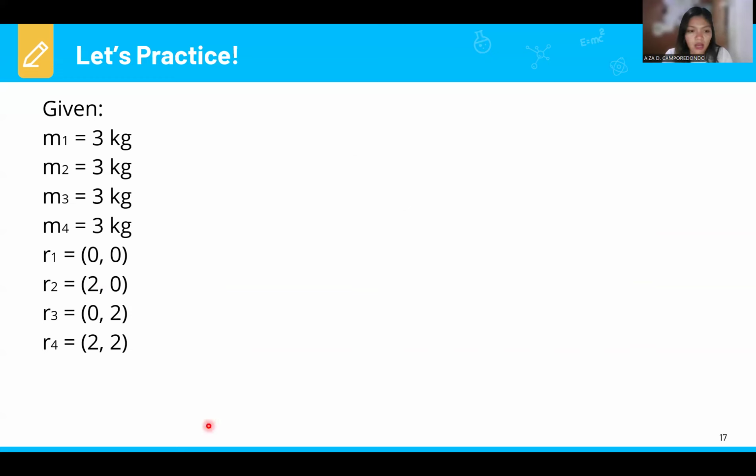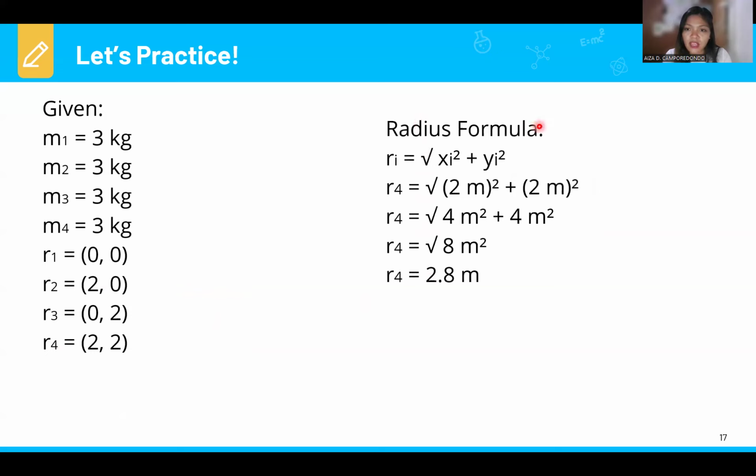Now, we need to get the radius of the fourth particle. So we're going to use the radius formula according to the z-axis as the axis of rotation. The radius is equal to the square root of the x coordinate squared plus the y coordinate squared.